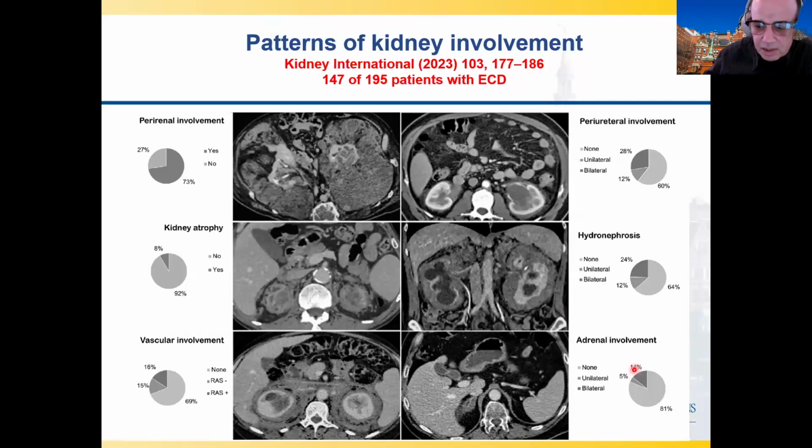In 14%, both adrenal glands will be involved, and 5% will have only one adrenal gland involved. And then you have vascular involvement, meaning the renal artery, which can lead to blockage of the renal artery. We call it renal artery stenosis. This happened in about 30% of cases, where the vascular tree of the kidney is involved.